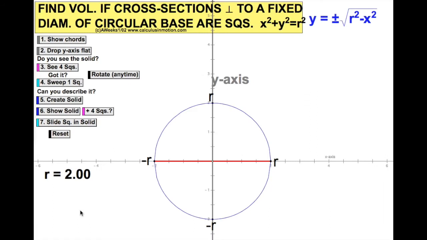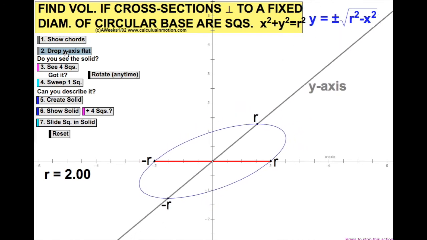We'll see a second animation now to explain what cross-sections are. We're going to see two examples. Here we have a function f of x equals the square root of r squared minus x squared. To create cross-sections here, we're going to try to see it in 3D.